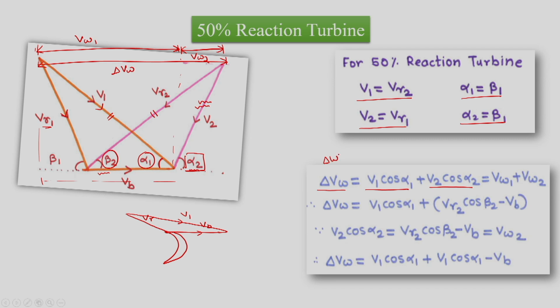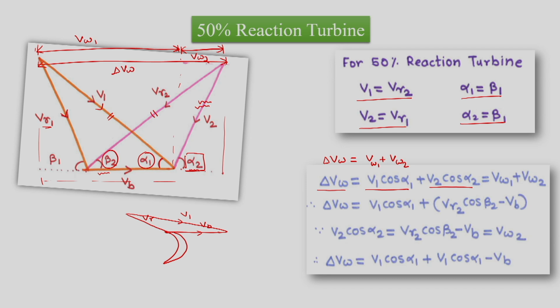Practically we are writing delta VW is equal to VW1 plus VW2. Here V2 cos alpha 2 can be expressed as VR2 cos beta 2 minus VB.